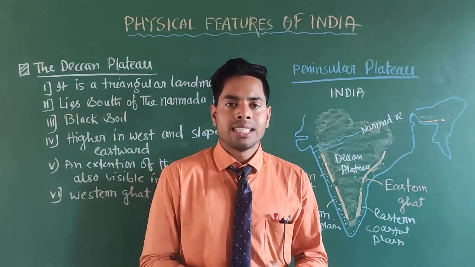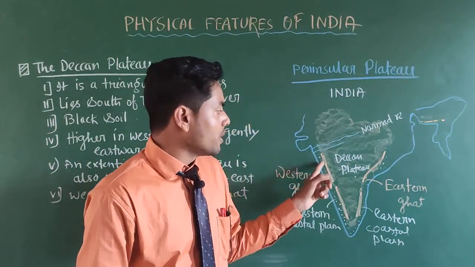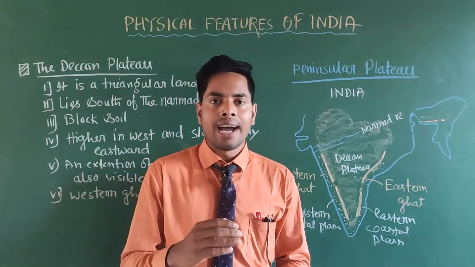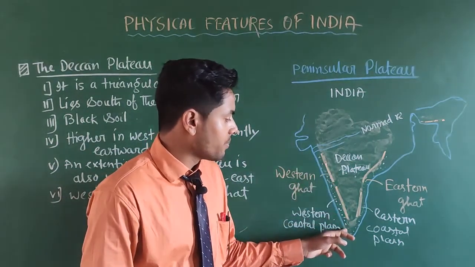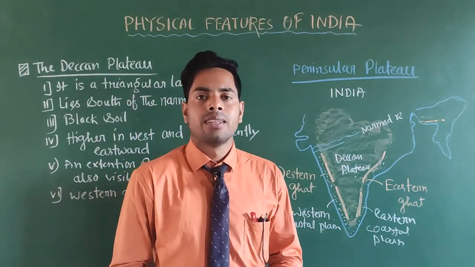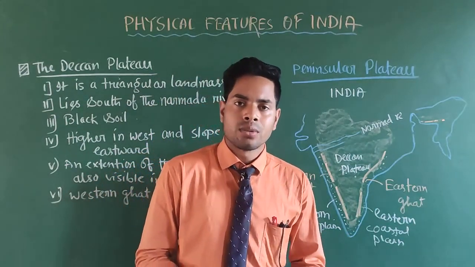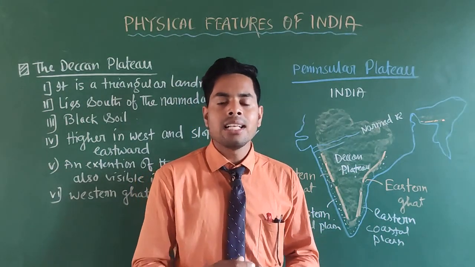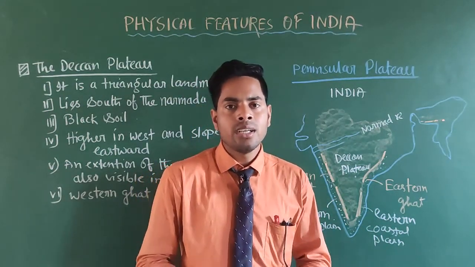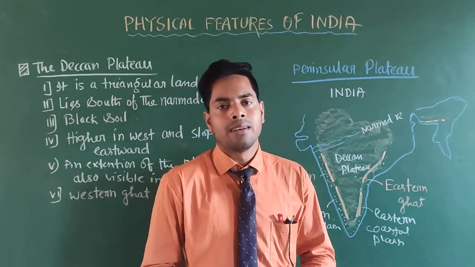The second point: the Western Ghat mountain lies parallel to the western coastal plain, and the Eastern Ghat mountain lies parallel to the eastern coastal plain.